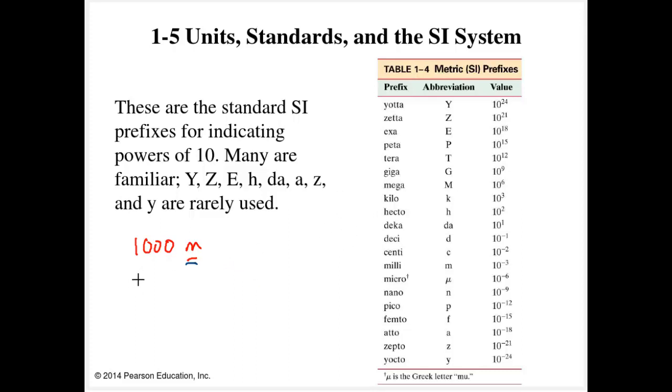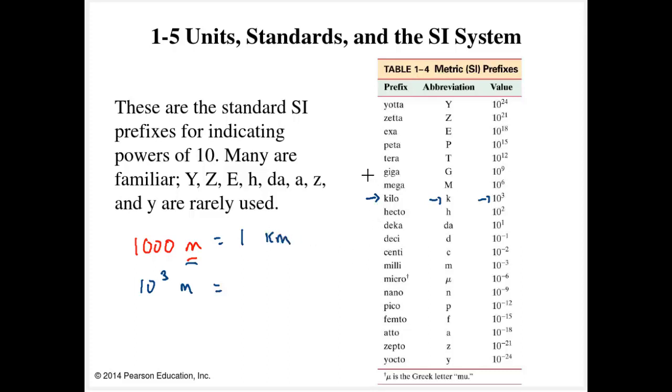So that's going to be 10 to the third meters. If I look at this table of prefixes, I go down here and I see a prefix of kilo, with an abbreviation of K, is going to have a value of 10 to the third. So 1,000 meters is going to be 1 kilometer.